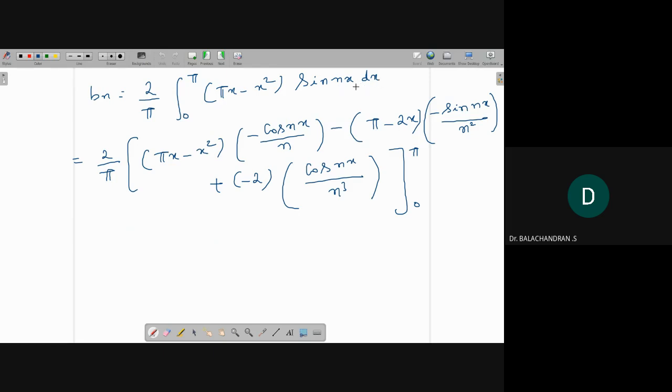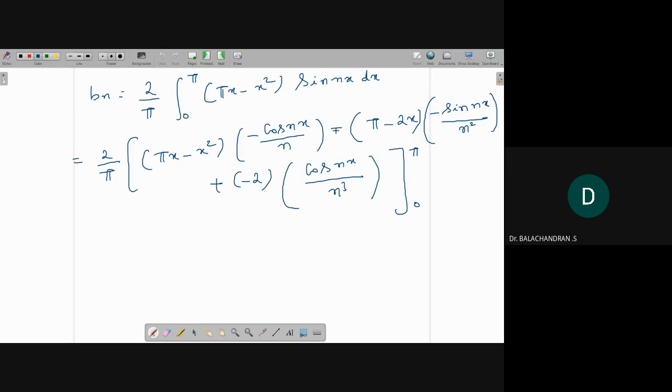Okay. So now, by Bernoulli's rule we have 2 by pi. Keep pi x minus x square as it is. If you integrate sine nx, you have minus cos nx by n. Minus, you differentiate pi x minus x square, so you have pi minus 2x.